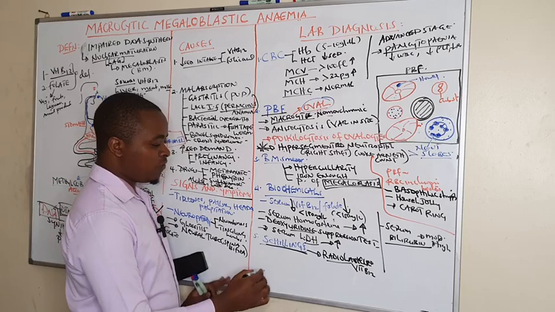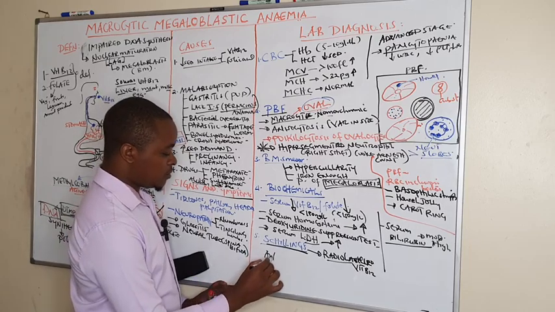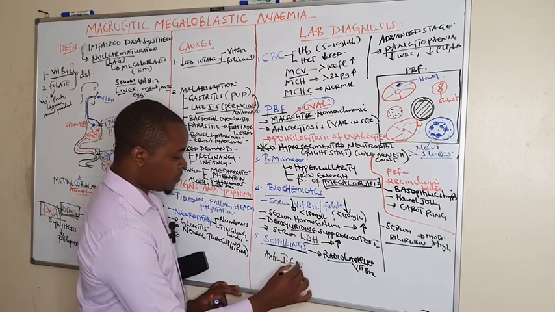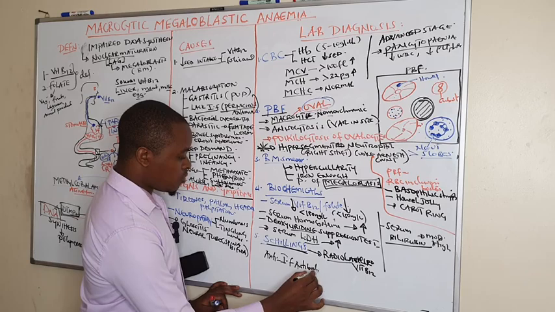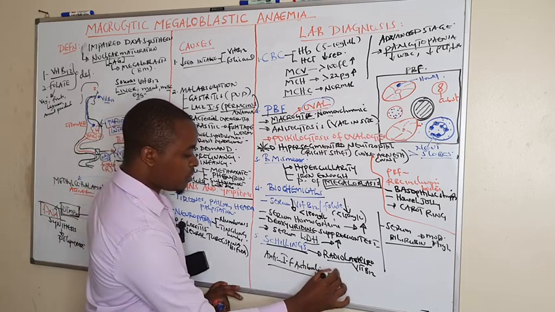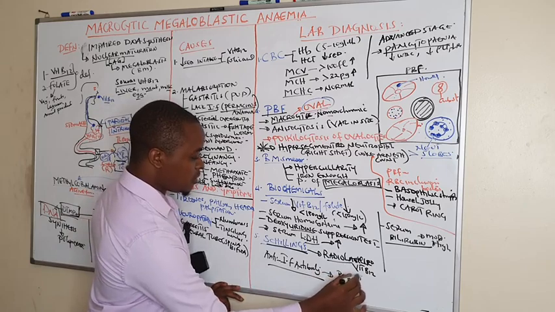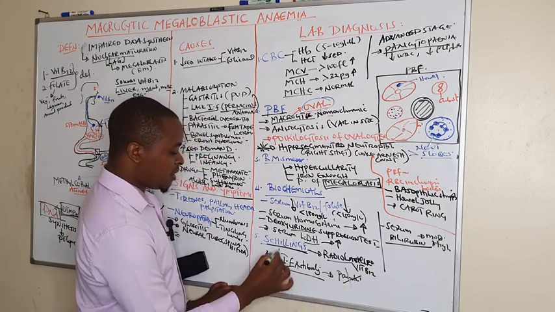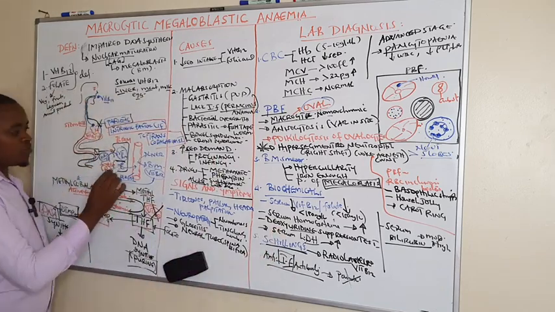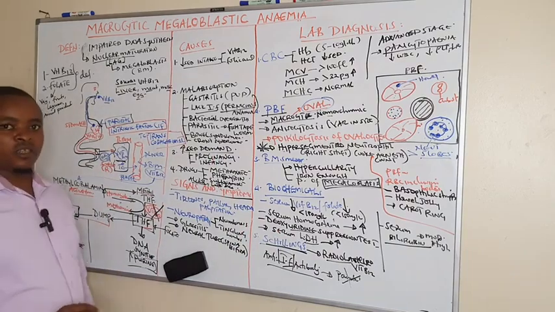Or you can even do an intrinsic factor antibody test to rule out an autoimmune disorder of antibodies that destroy parietal cells or inactivate intrinsic factor, which does not enable absorption of vitamin B12.